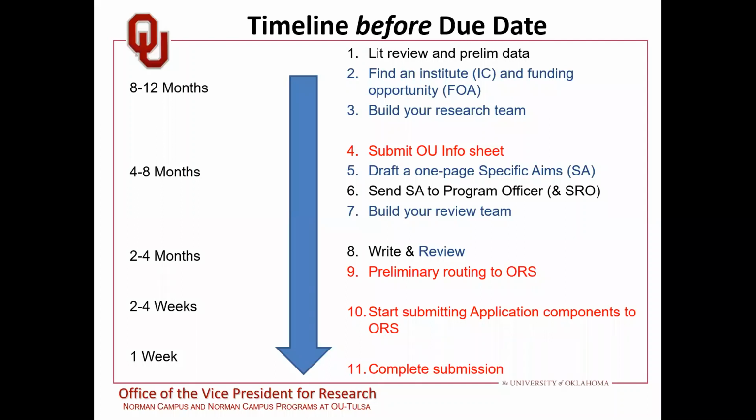For the people in the room, there's a tool on the NIH website, I think it's called Matchmaker. In case you have never submitted to NIH, you have no idea what institute to select, you just answer some questions.